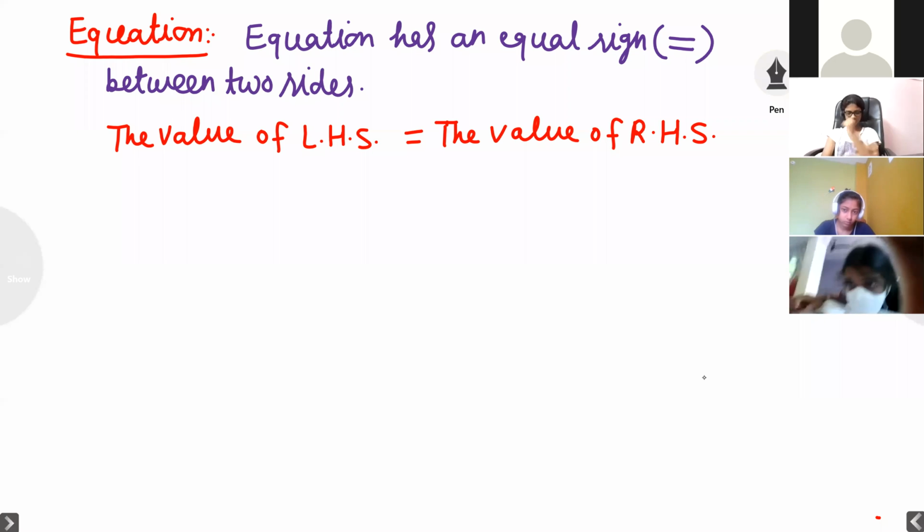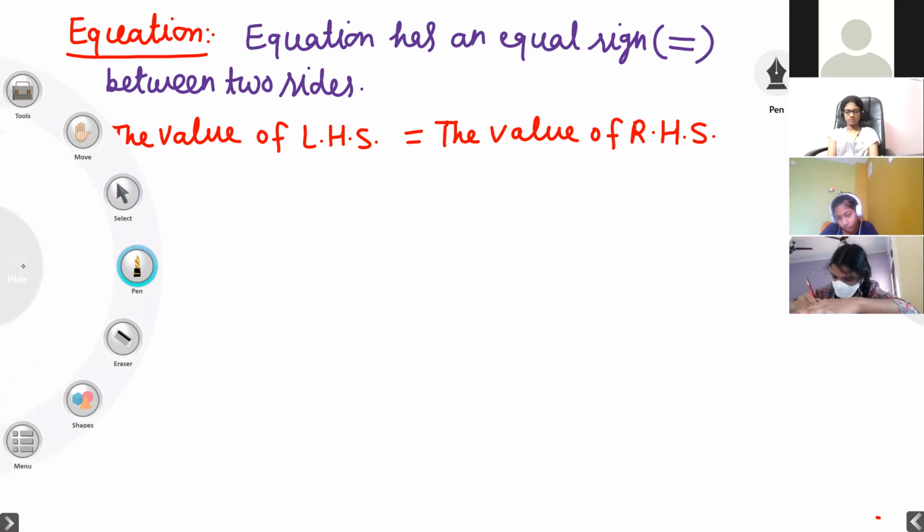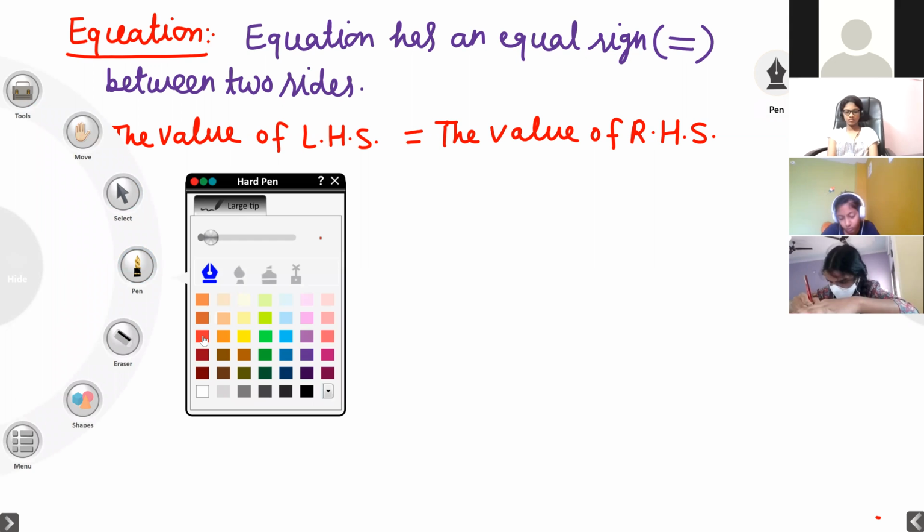Yes. What is equation? Equation has an equal sign between two sides. The value of LHS is equal to the value of RHS. Now I am writing some statements. You have to write them in equation form.